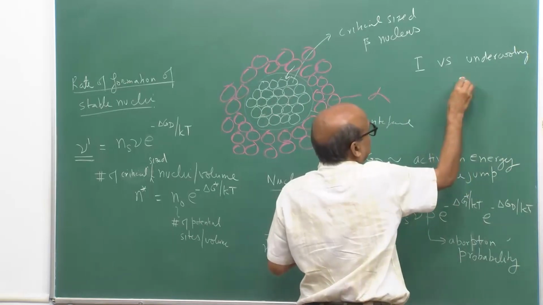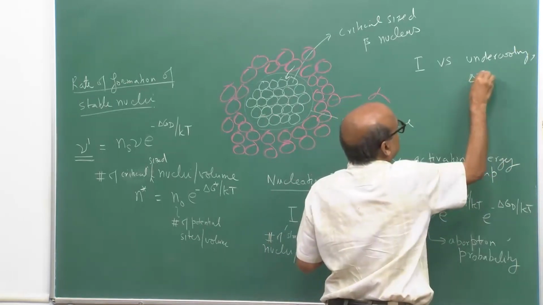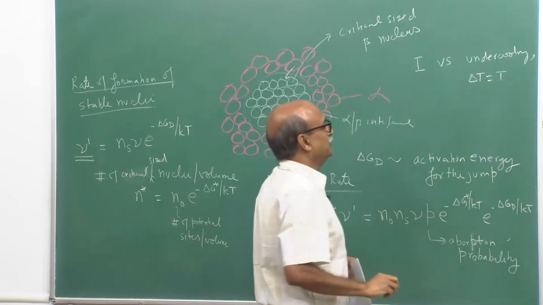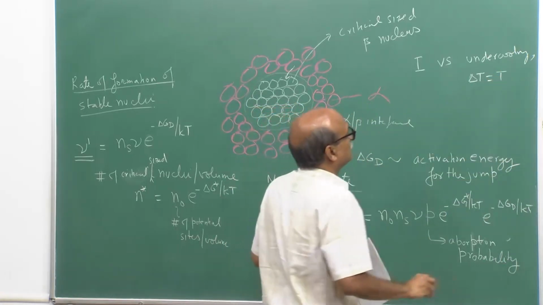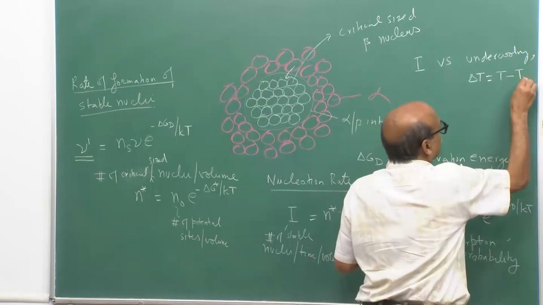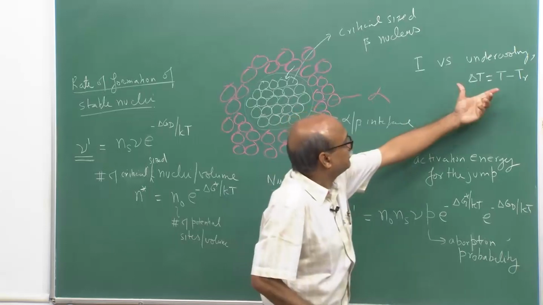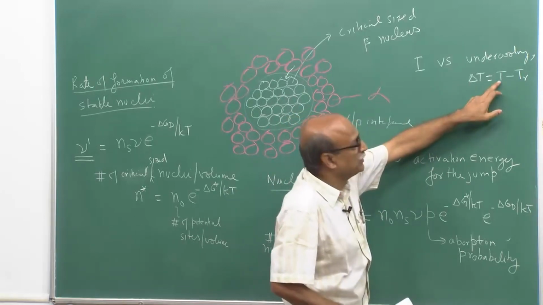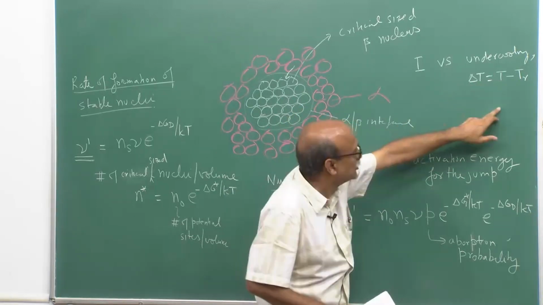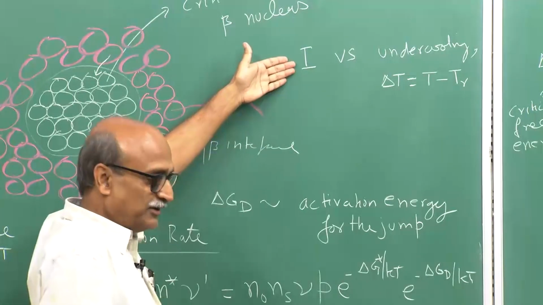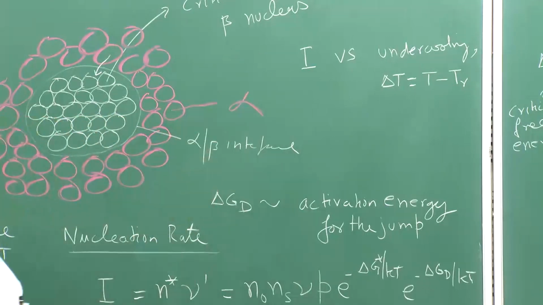Undercooling delta T is defined as the temperature at which the nucleation is taking place minus the transformation temperature. So, as the undercooling increases, which means the temperature of transformation reduces, how the nucleation kinetics changes, we will analyze in the next lecture.